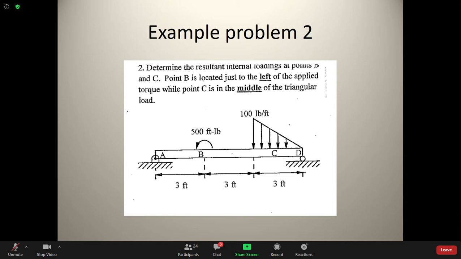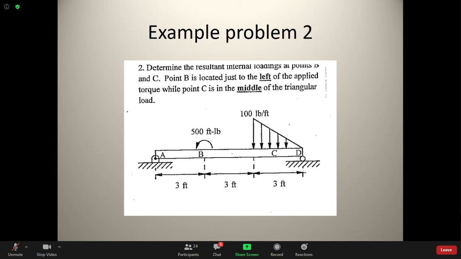So in this problem, you cannot solve this without finding support reactions. Do you see what I'm saying? As opposed to the last problem that we did, where we could have avoided completely finding support reactions. In this one, you cannot. You have to find at least one of them. So if you find, let's say, the support reaction at A, then I take a section at B and draw the free body diagram of the left-hand side.